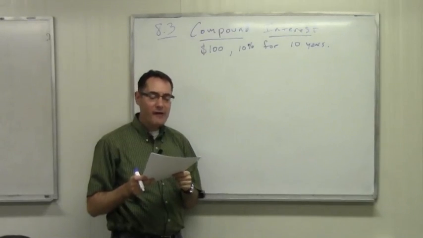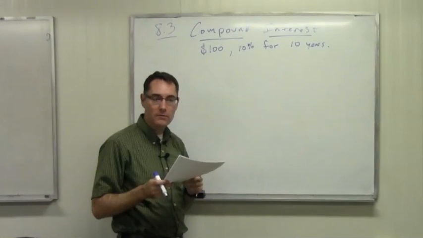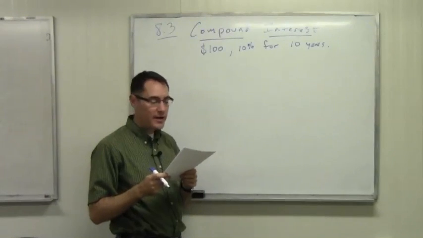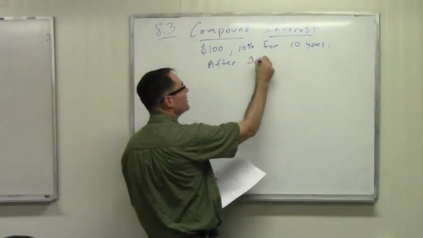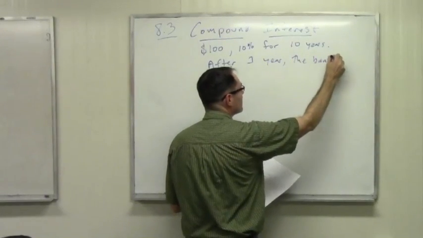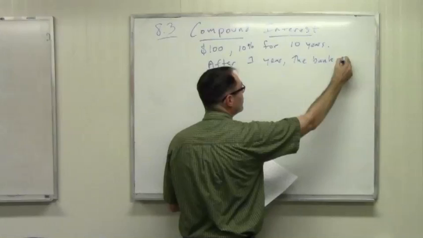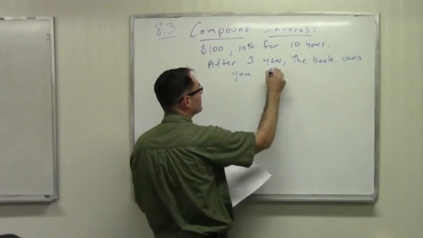After the first year, how much does the bank owe you? $10, right? So after 1 year, the bank owes you $10.